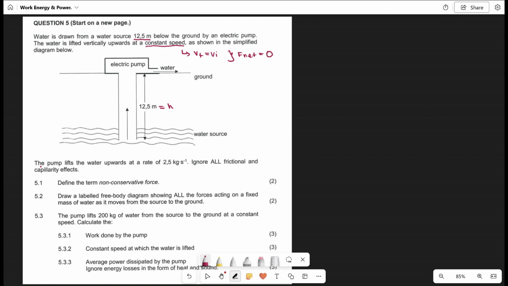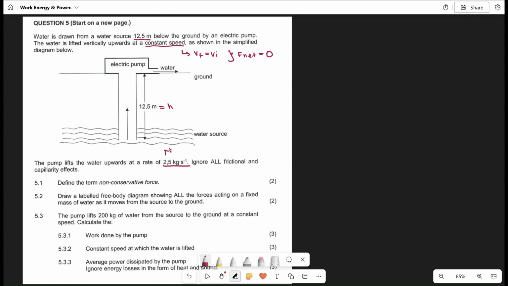So now they say the pump lifts the water upwards at a rate of 2.5 kilograms per second, right? Ignore all frictional and capillarity effects. So what is this thing that we're given here? We're given the rate, right? What the rate tells us is how fast or how slow something is getting used up or is occurring, right? So this is telling us the rate at which the water is being lifted upwards.